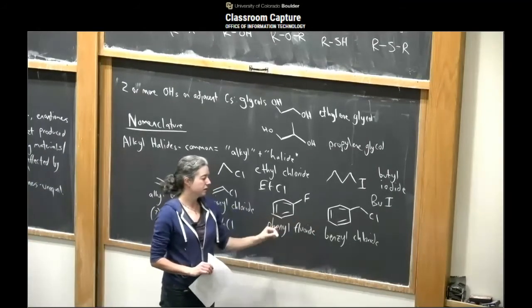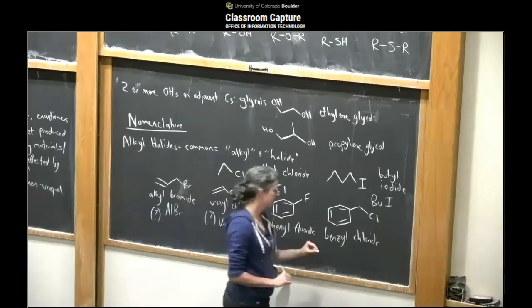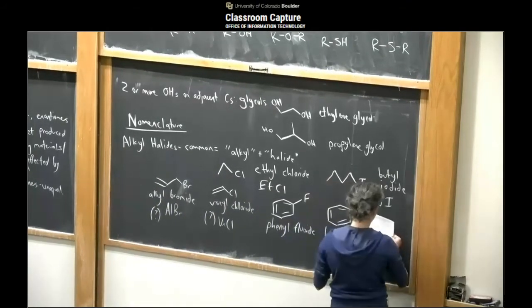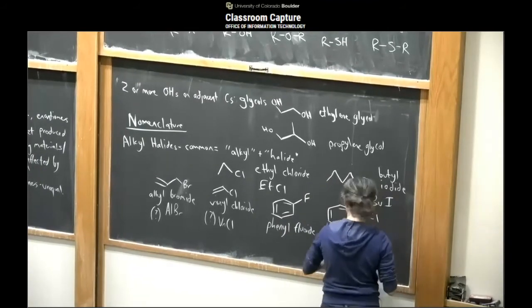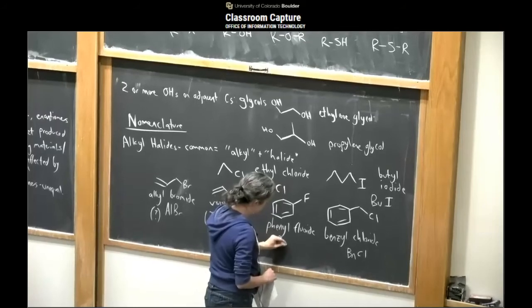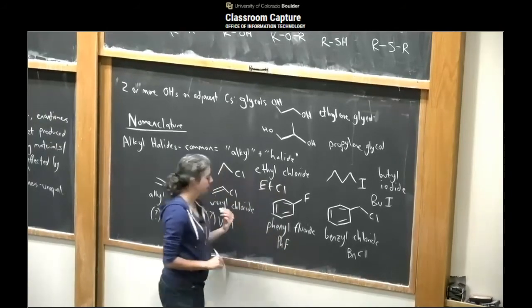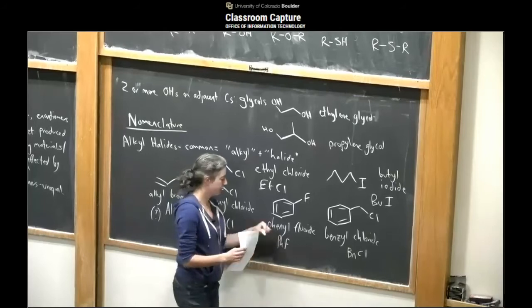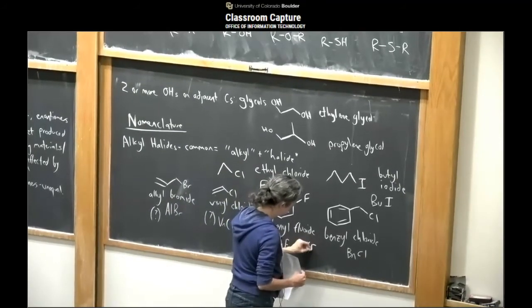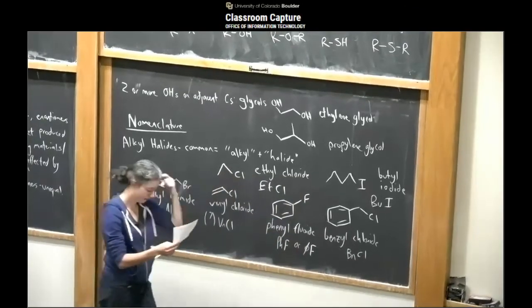These two do get abbreviated fairly frequently. Benzyl is BN. And phenyl is either PH, or when people want to get fancy, they'll actually use a phi. So phenyl fluoride.